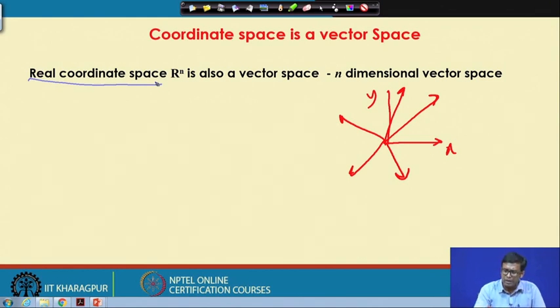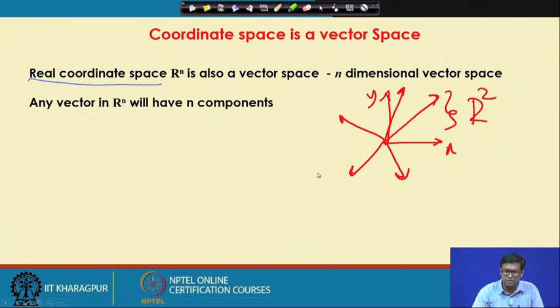If we see a coordinate plane by x y only, this gives me a vector space which is R 2, because this is a 2 dimensional space. Similarly, we can think of a 3 dimensional space. Any vector in R n will have n components.